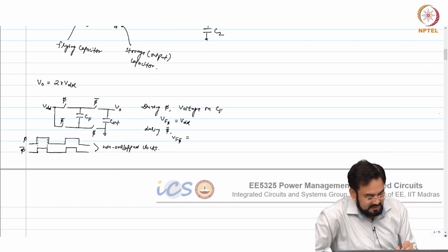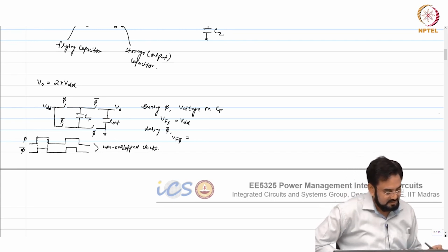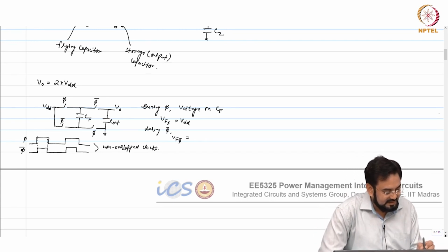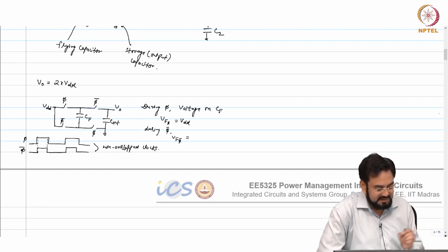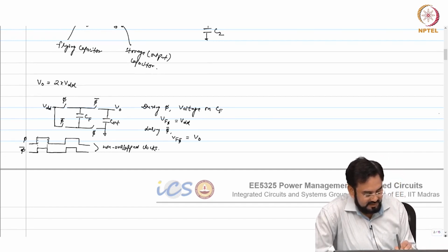So, this will be how much? Vout, sorry, no, this is connected to where? Vout, and this is connected to VDD, correct. So, Vout minus VDD.